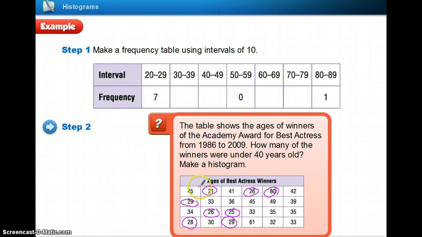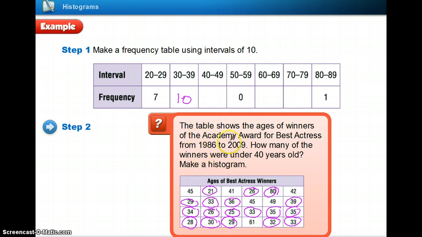So we have 30 to 39. Let's take a look. We have 1, 2, 3, 4, 5, 6, 7, 8, 9, 10. I have 10 that are between the ages 30 to 39.